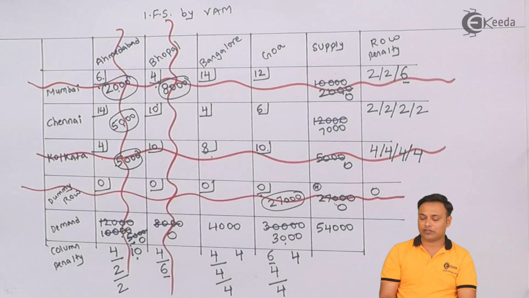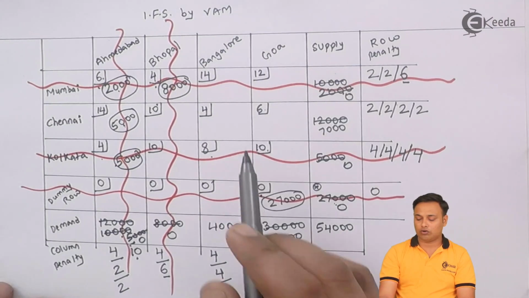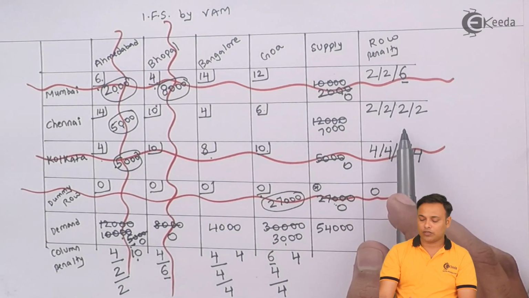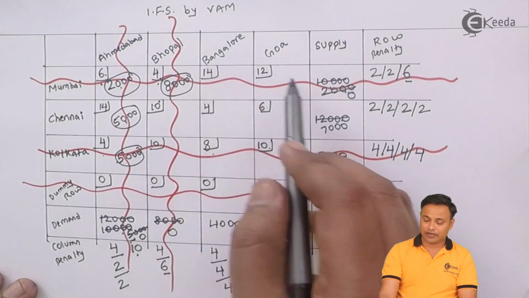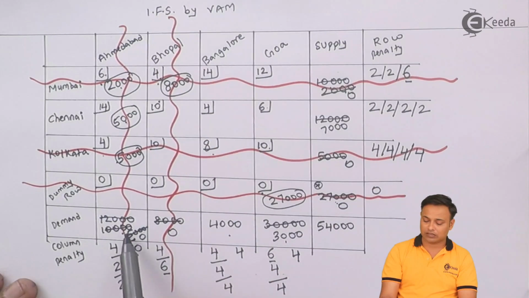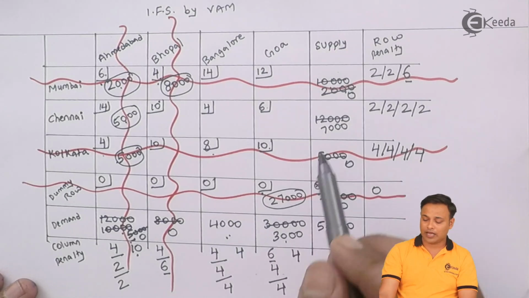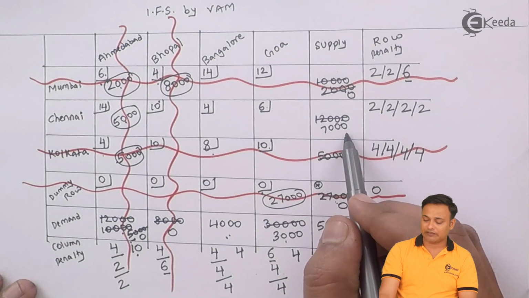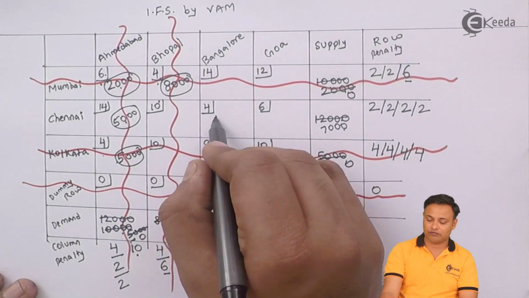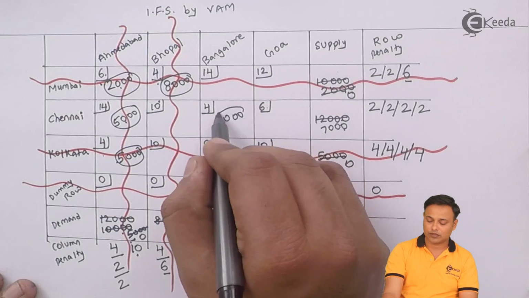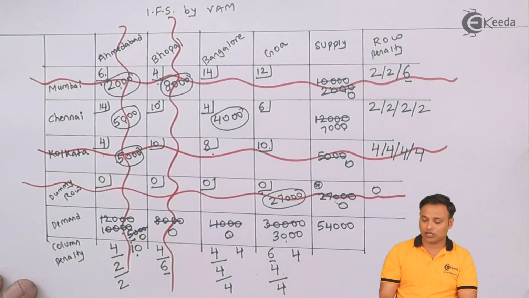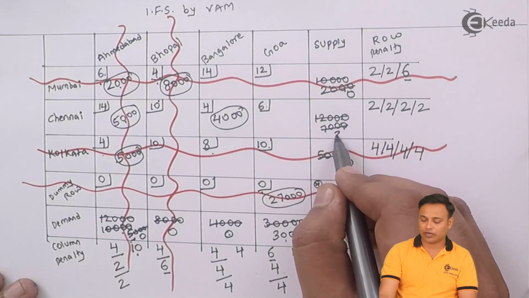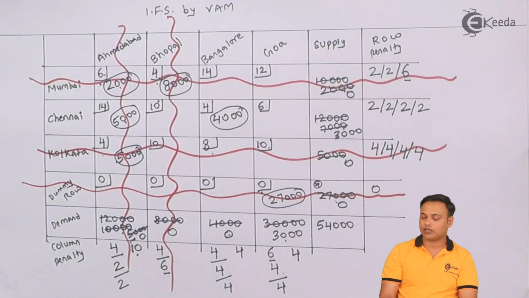Now I am remaining with only the second row and only two columns. So I have a demand of 4,000 in the third column, and I have a supply of 7,000. So 7 or 4, whichever is less, it will be 4,000. 4 minus 4 it shall be 0. 7 minus 4 it shall be 3,000.